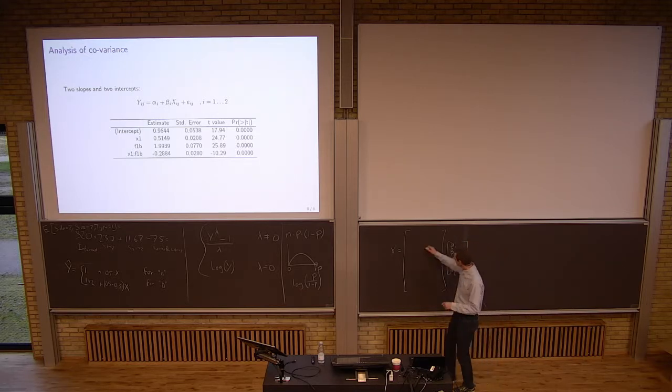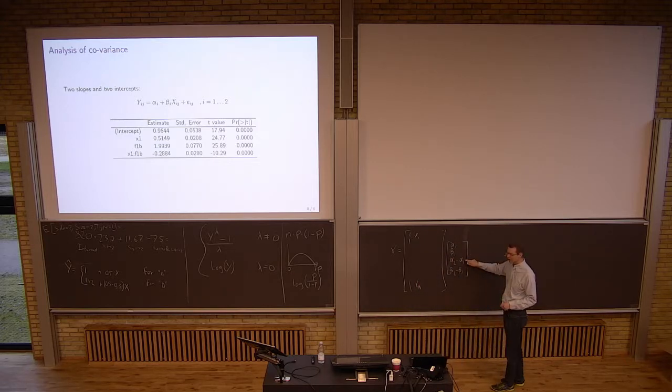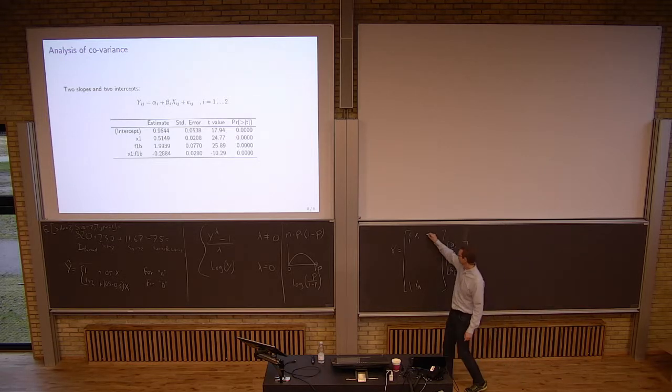So again, I have a column of 1s here. Here I have a column of my xi's down to xn. Then I have something that is binary here. So I have sometimes 0 and sometimes 1 here.